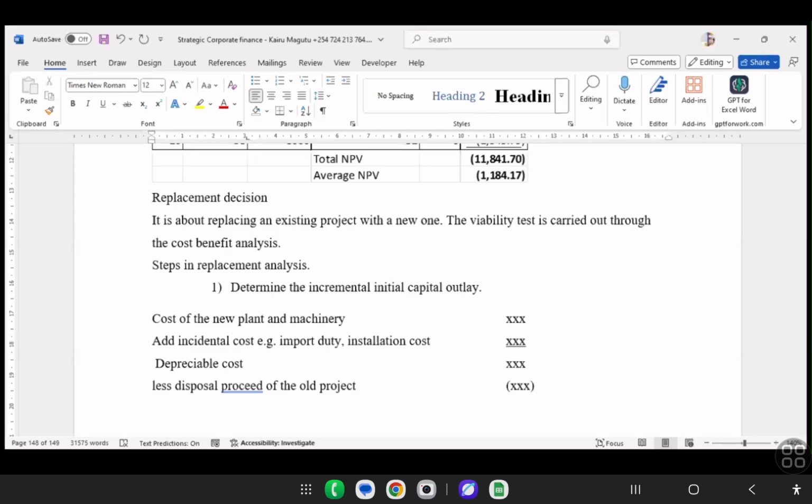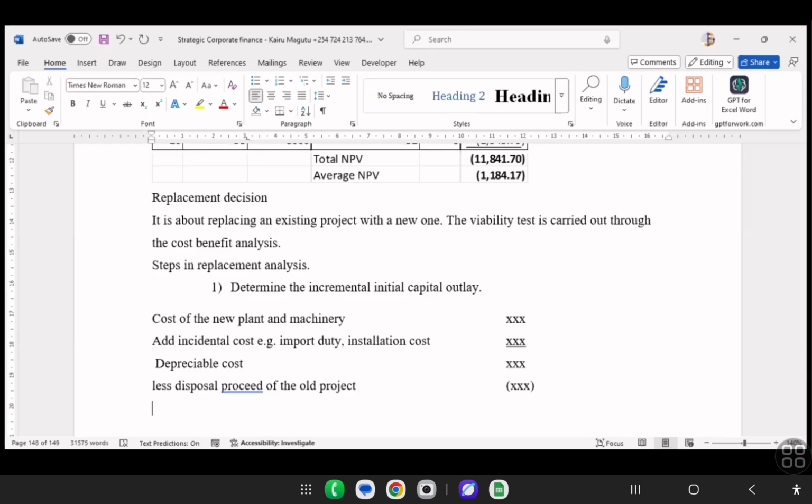You minus it. The other thing is that at the point of sale, of disposal of the old machine, there is either a gain or loss on disposal of the old machine. That will attract taxation. So in case the disposal of the old machine is at a profit, we will dispose of it at a gain.